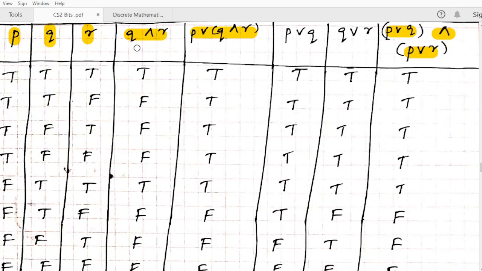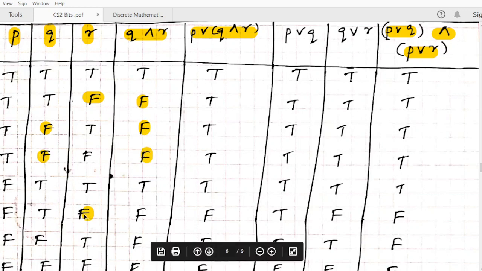If either of the propositions is false, it is false. So true, true is true. Here it is false, we get false. Here false, so it is false. So if either one proposition is false, it is false in case of an AND operation. Here both of them are false, we get false, and the remaining is true.